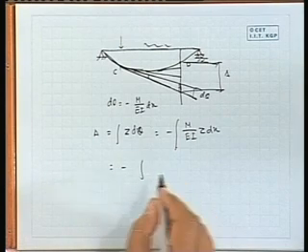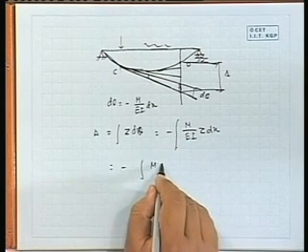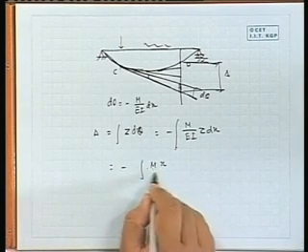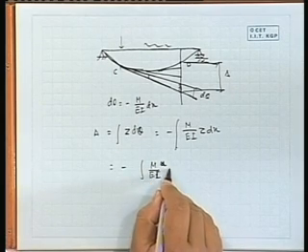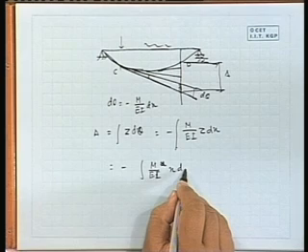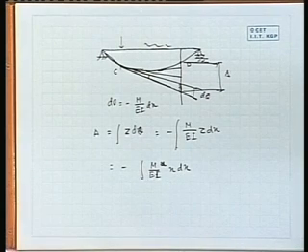So this part will be your M by EI into x dx.